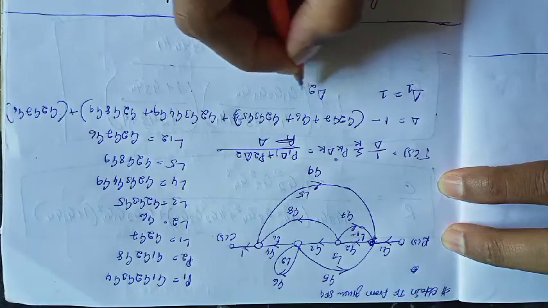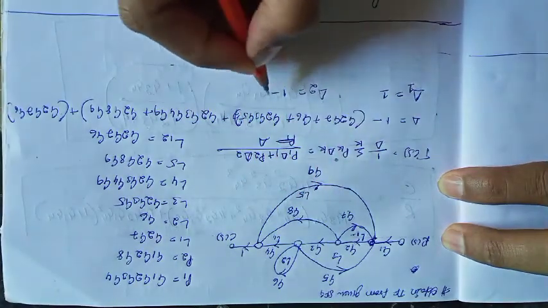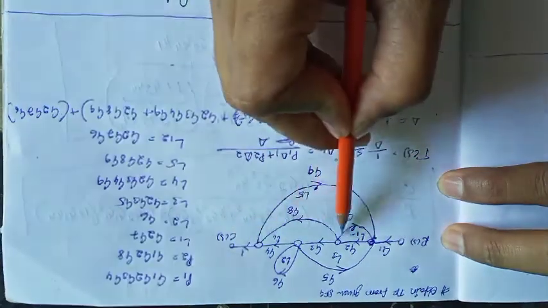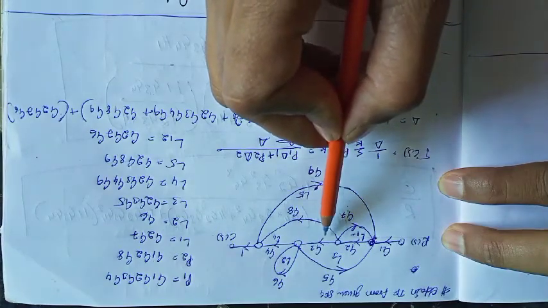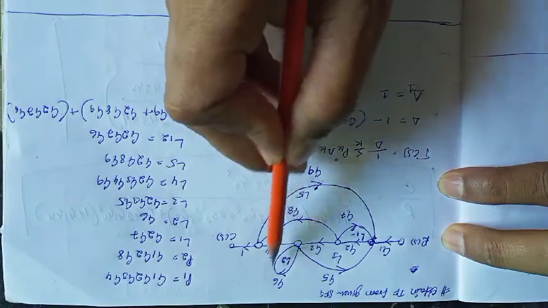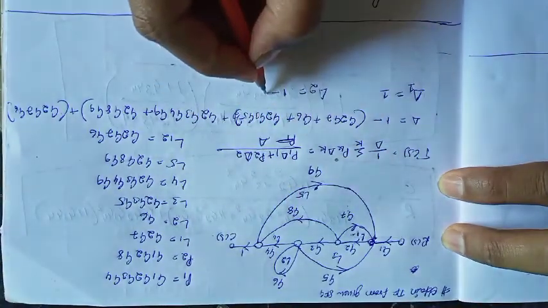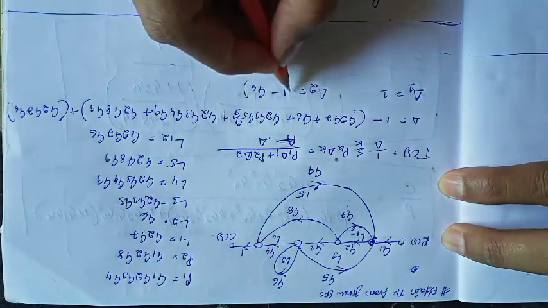Now check delta 2. Here the second forward path is like this. Loop 1, loop 3, loop 4 and loop 5 are touching this forward path. But this self loop is not touching, hence we write 1 minus that loop gain, that is G6.